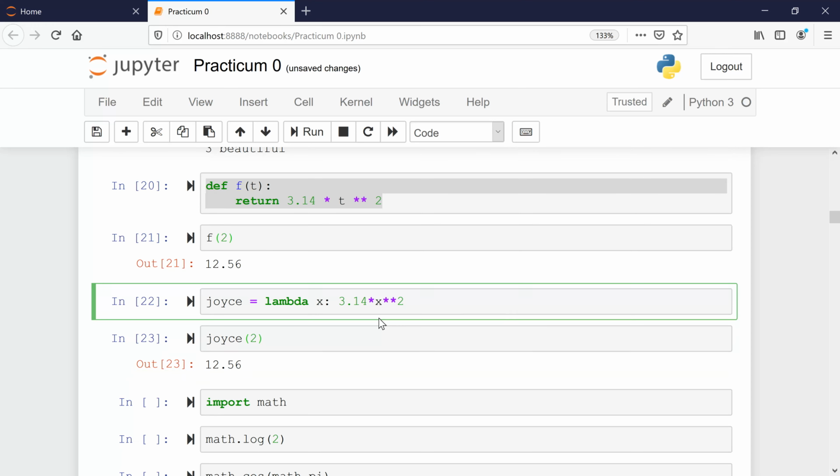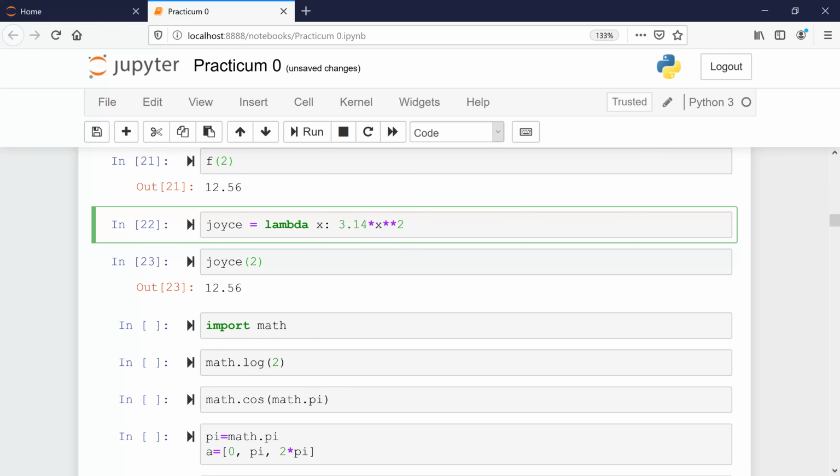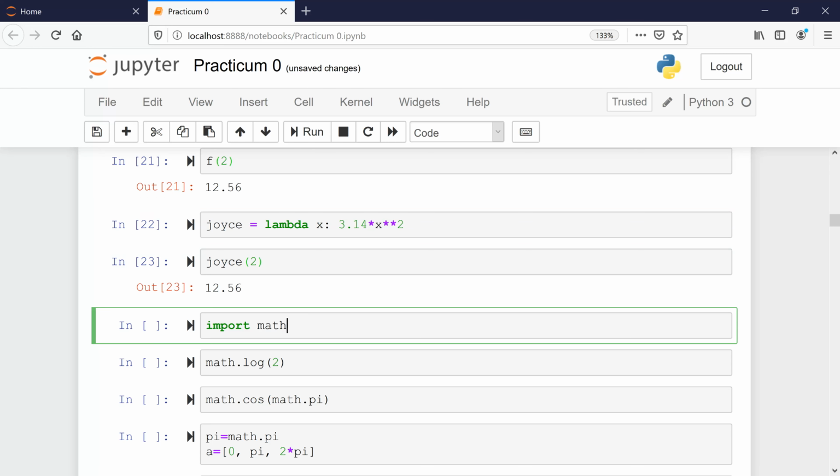Now, as you know, in Python you have modules or libraries. We have the math module, which contains the main mathematical functions that you use every day, the elementary functions, and much more. So we have the logarithm. So let us import math.